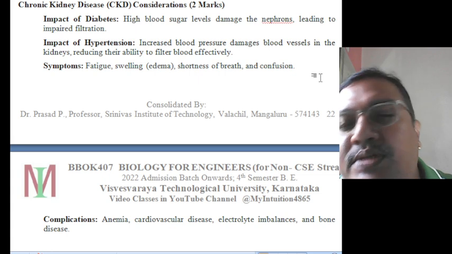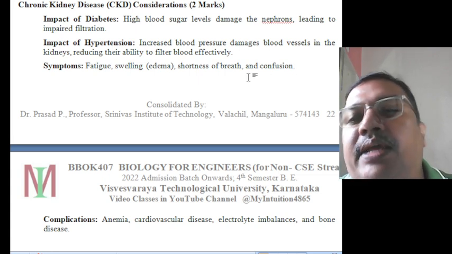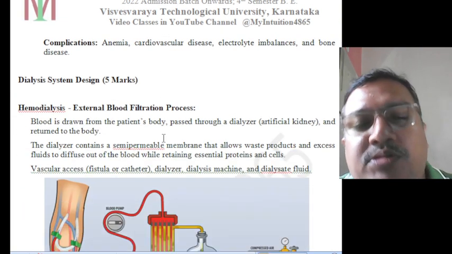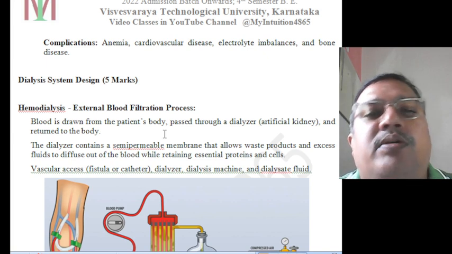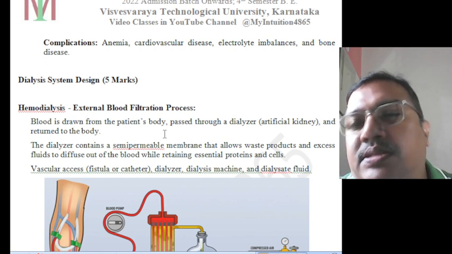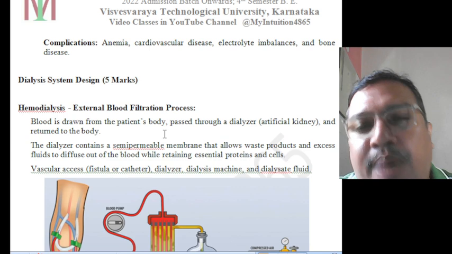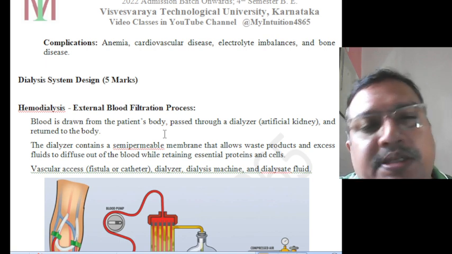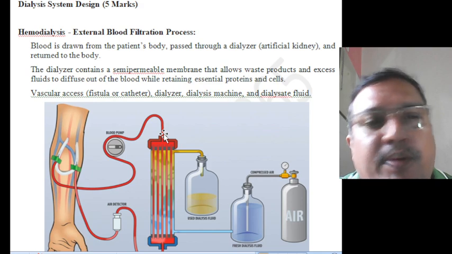Sudden confusion in the brain shows that the kidney purification system is not working properly. Now, the complications of kidney failure: it causes anemia, it creates cardiovascular diseases related to the heart, there will be an imbalance of electrolytes in our body, and it even causes bone diseases. These happen if the blood is not purified properly.